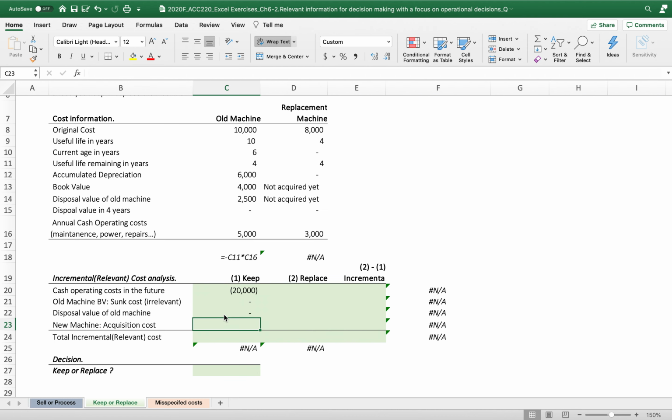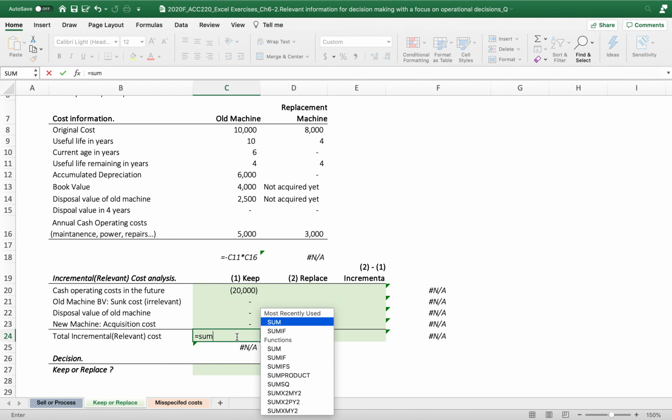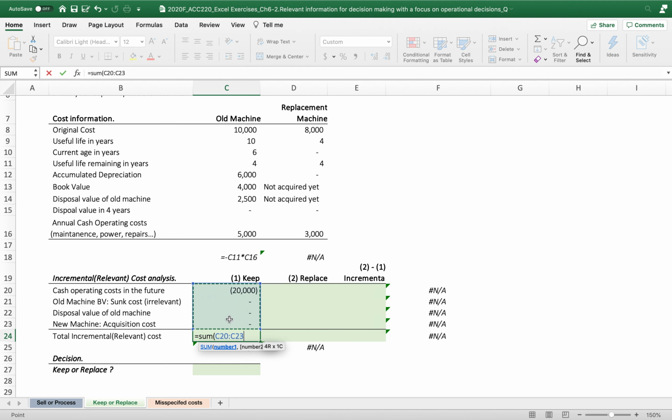And the new machine acquisition cost: no, because we are going to keep, there's no cost information there. Here, the disposal value of the old machine, we are going to keep it, so there's no value. So the total cost is $20,000 if we keep this old machine.